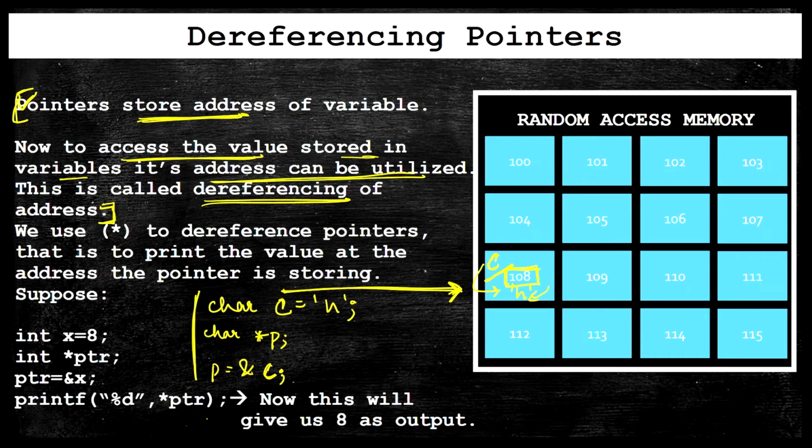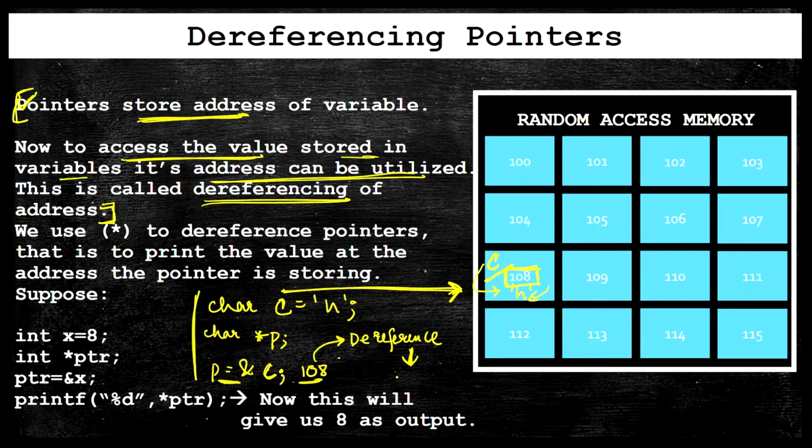And this phenomenon or this practice is called dereferencing of pointers. Now who is giving me this address 108? This pointer is giving me this address, that is 108 in the RAM, right? Now if we dereference 108, what will we get?